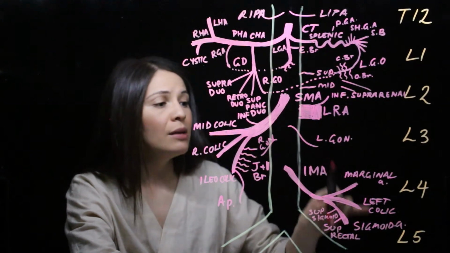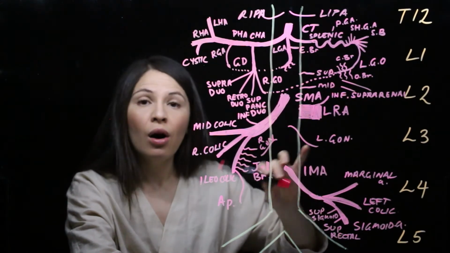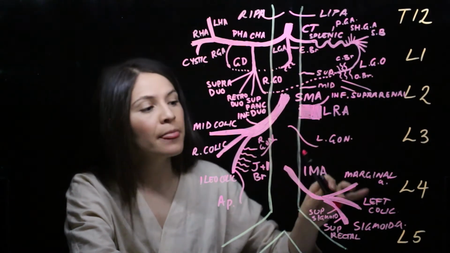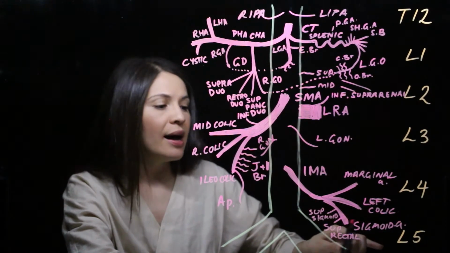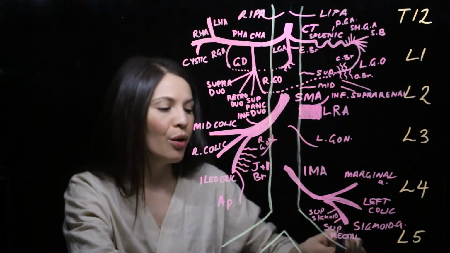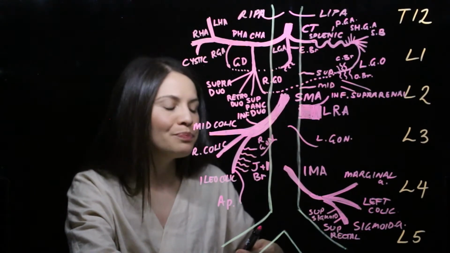Okay, so the marginal artery will supply the left-hand side of the transverse colon, including sometimes the splenic flexure. The left colic artery will supply the descending colon, and the sigmoid artery will supply the sigmoid colon. And as you can see from these branches, will supply parts of the rectum as well.